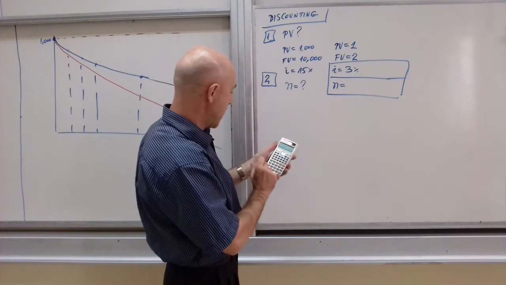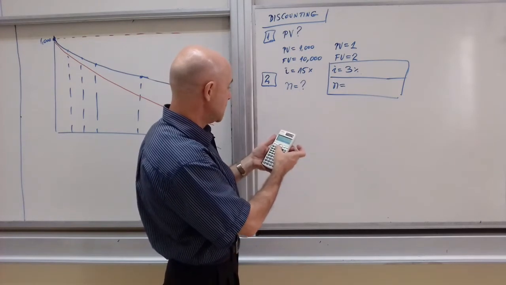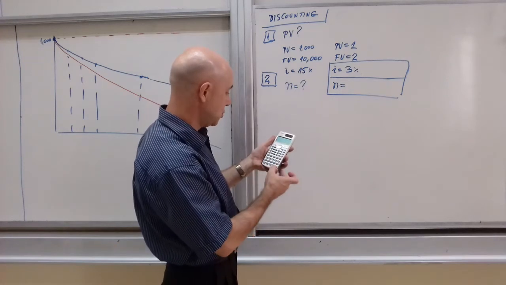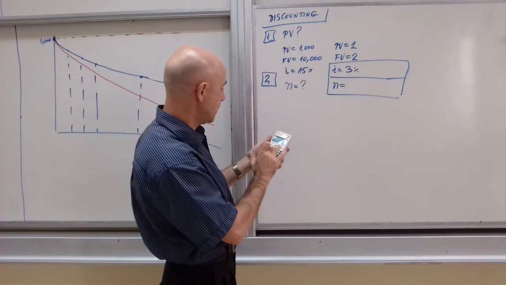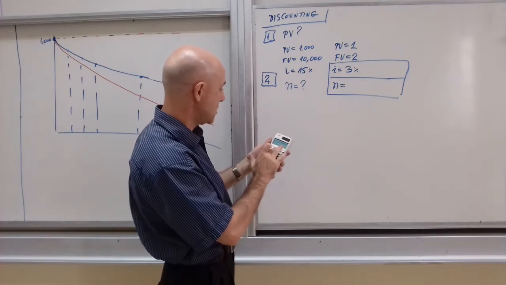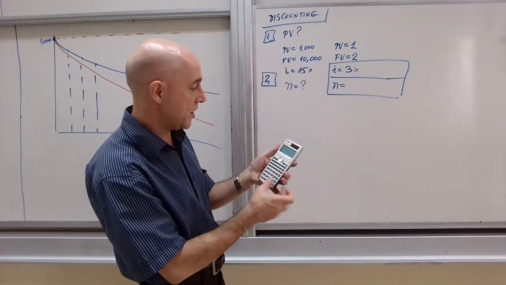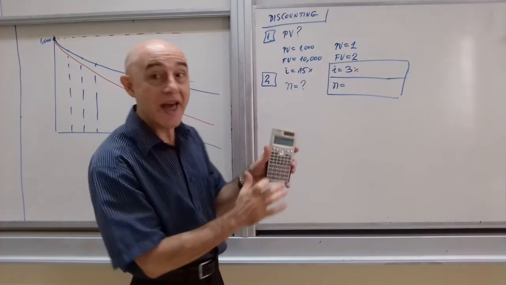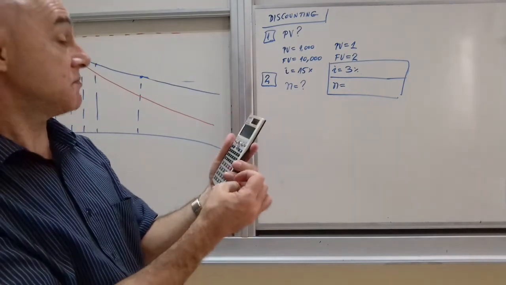So, present value, I say 1, enter. Payment is 0. Future value is 2, enter. Interest rate is 3, enter. And then I go back to N, and I just say solve. Oh, it says math error.